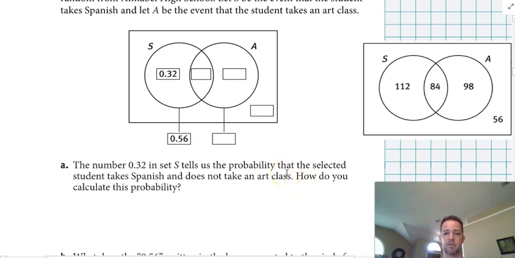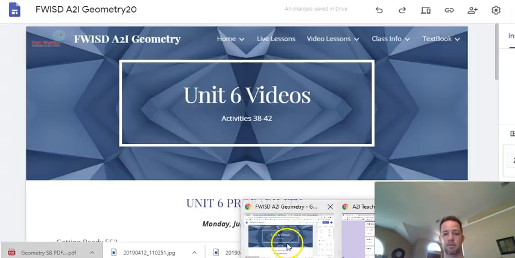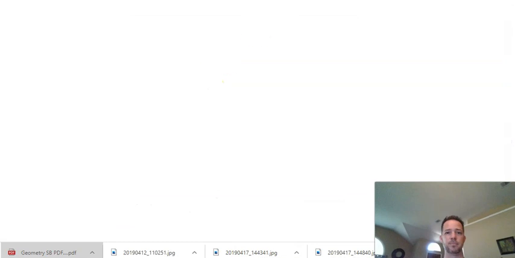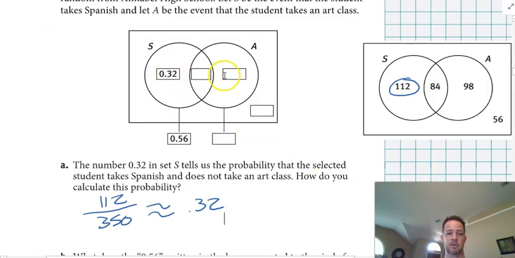So remember there's 350 total students. If you take 112 over 350, we get about 0.32. Let's just check to make sure. 112 out of 350, we do get 0.32. So obviously that's where that 0.32 came from.